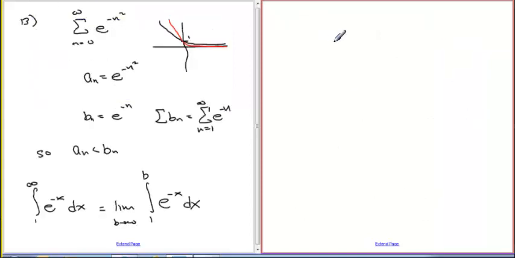When you integrate this function, you get minus e to the minus x, and you evaluate that between 1 and b. What I've done here is u is negative x, so when I take du I get negative dx. So that's where the negative sign comes from. And the integral of e to the u du is e to the u. So that's how that works.